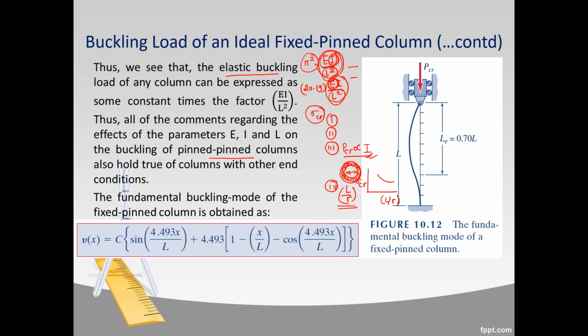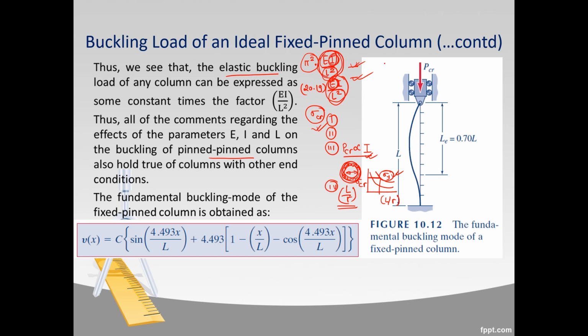One was steel and another was aluminum. This equation is valid only for values below sigma y. Above this compressive yield stress, our formula is not valid. So these are some of the comments or some of the conclusions of our formula that we have derived, and these are applicable to both our pinned column and fixed pin column also.